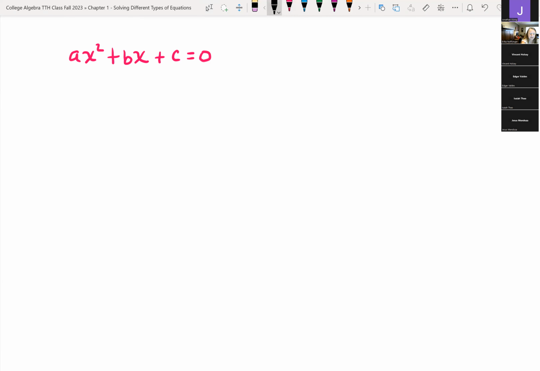So the first step that you need to do to complete the square is make the coefficient in front of the x squared 1. If it's already 1, then we don't need to do this step.